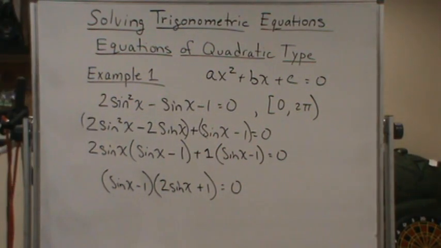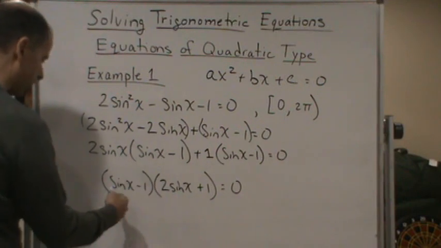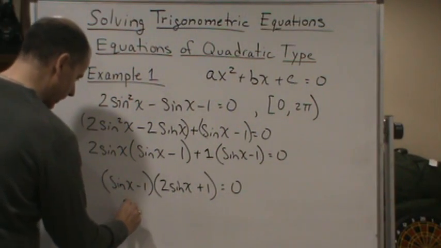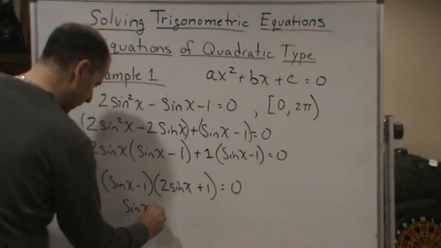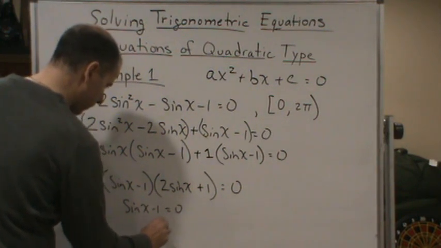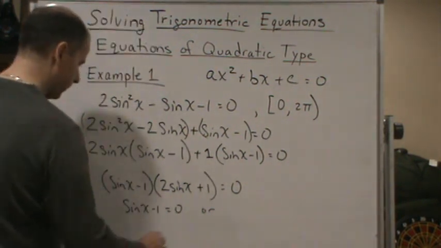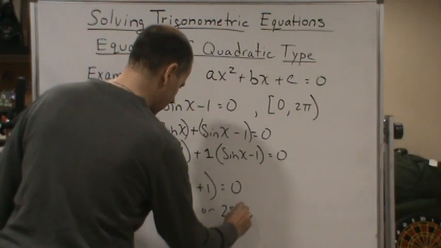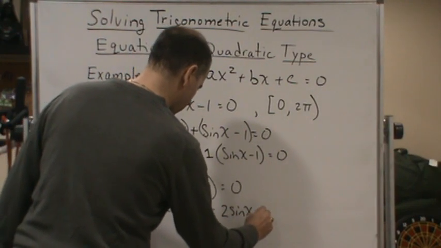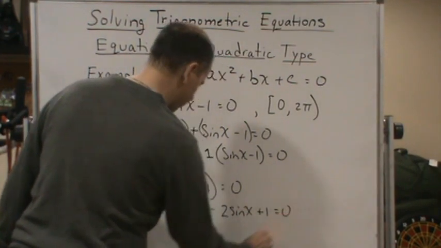And now look at that, I can use the zero product principle to solve for each one of these factors. So that would mean sine x minus 1 equals 0, or 2 sine x plus 1 equals 0.